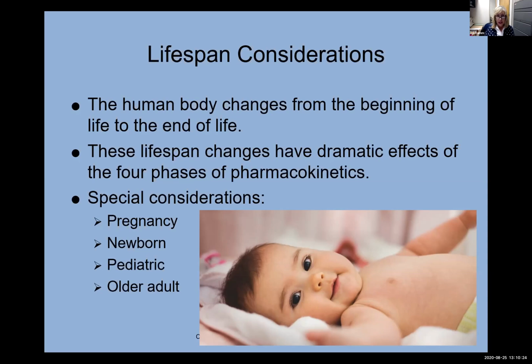So part of what we have to do as nurses is factor in their developmental place, where they are in terms of their physical as well as their mental development, because that's going to greatly impact the way we give medications, how compliant our patients are.